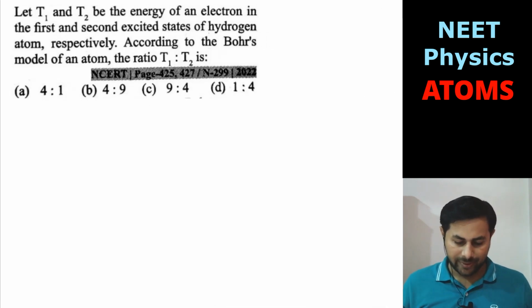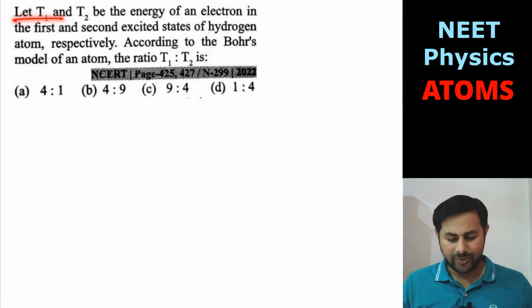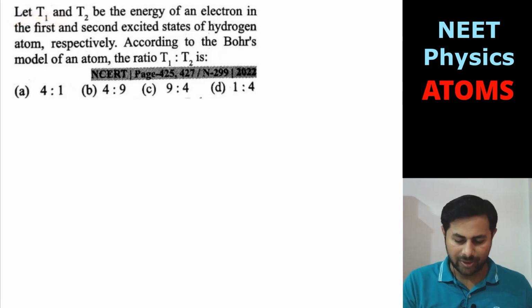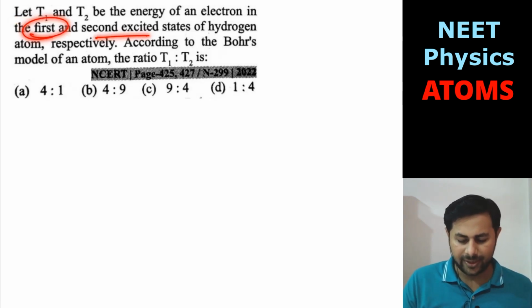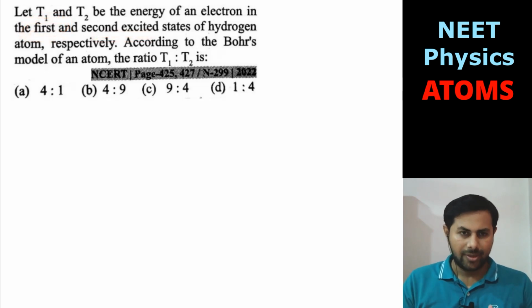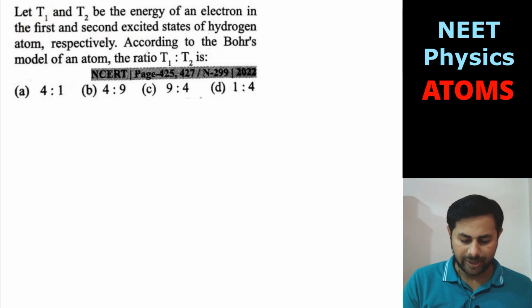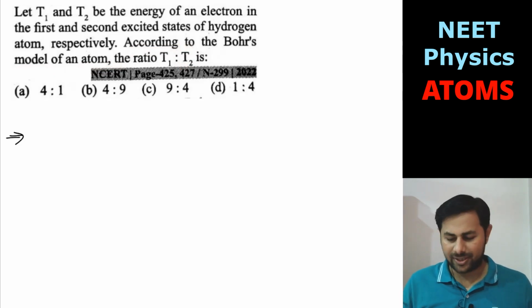Let's see the next one. Let T1 and T2 be the energy of electron in the first excited state and second excited state of hydrogen atom respectively. According to Bohr's model of atom, the ratio of T1 to T2 is. Now what is the first excited state? What is the second excited state?